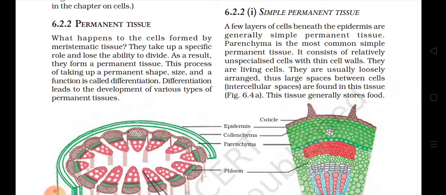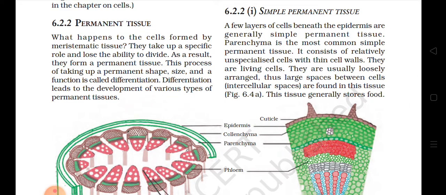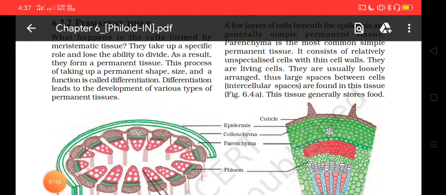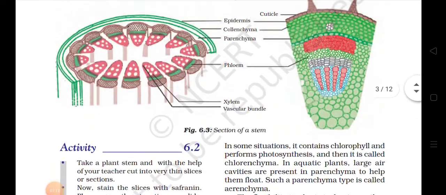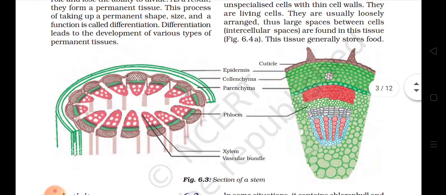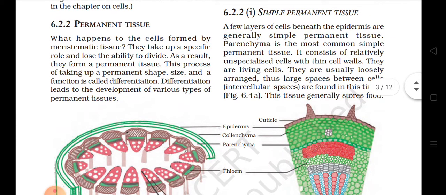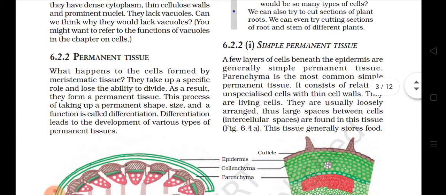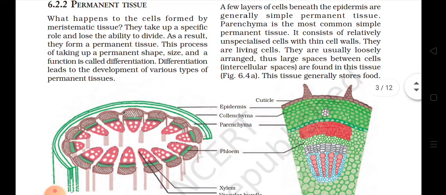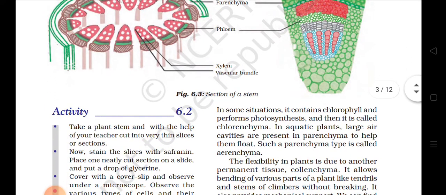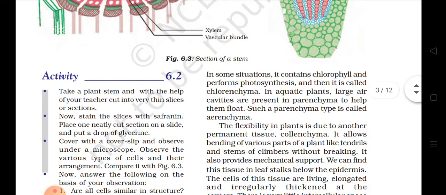Okay, parenchyma, collenchyma and sclerenchyma. You have to remember the names: parenchyma, collenchyma and sclerenchyma. SCLEREN, sclerenchyma, CHYMA. So simple permanent tissues, first one is parenchyma. Now parenchyma are the green tissues of the plant.